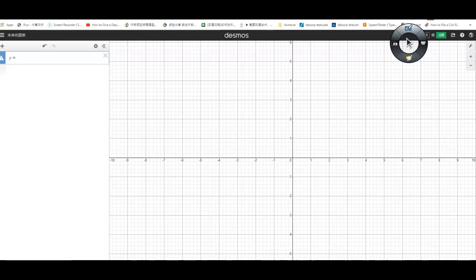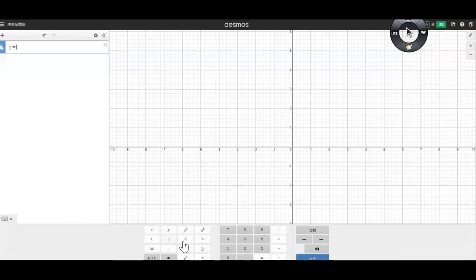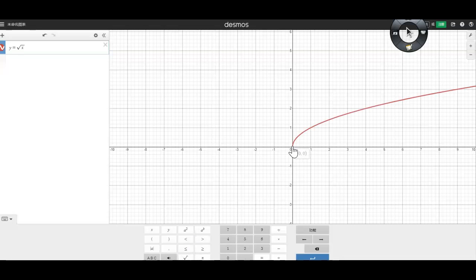So let me see, how can I put it here? So square root of x. So you see it is going through 0, 0, and it is half of an arm. Okay? And this equation is called radical function.